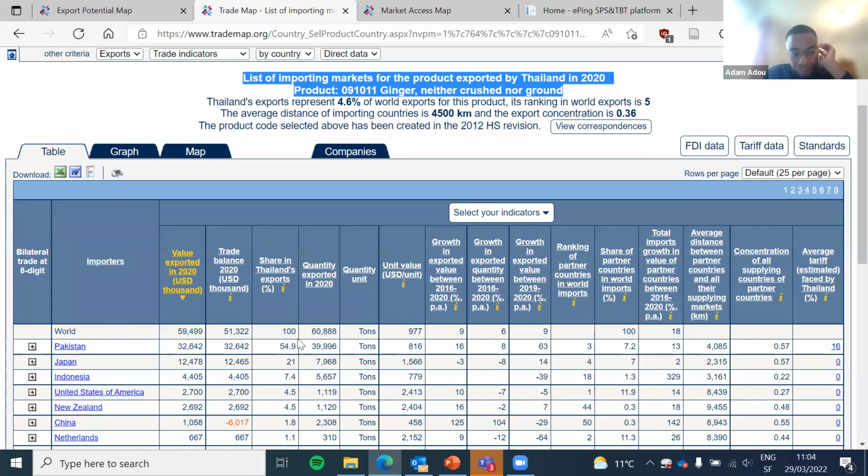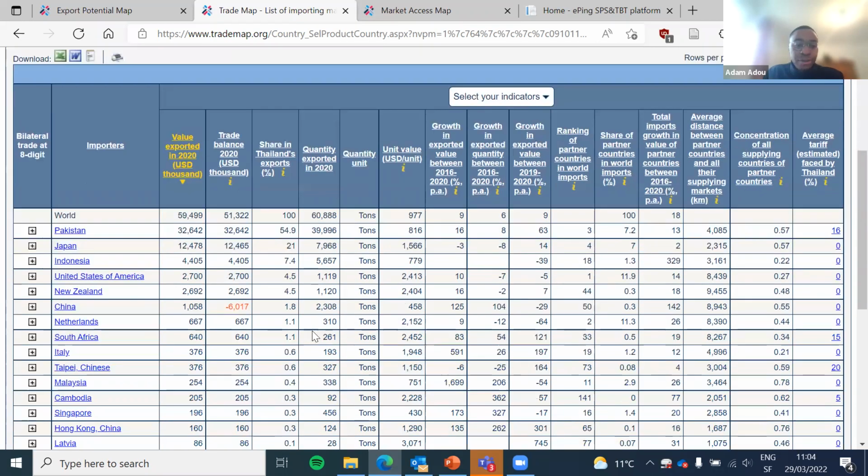What is important is that all the countries listed in here are ranked from the one importing the most from Thailand to the one importing the least, right? But you will also have, with the trade indicator here, the performance of this country in terms of importation from Thailand, ranked from the one representing the most important part of Thailand's export to the one representing the least important part.